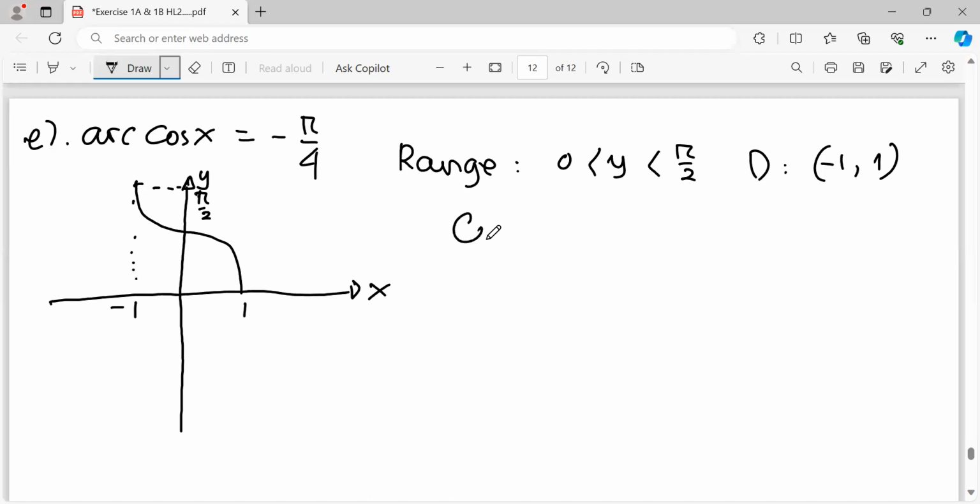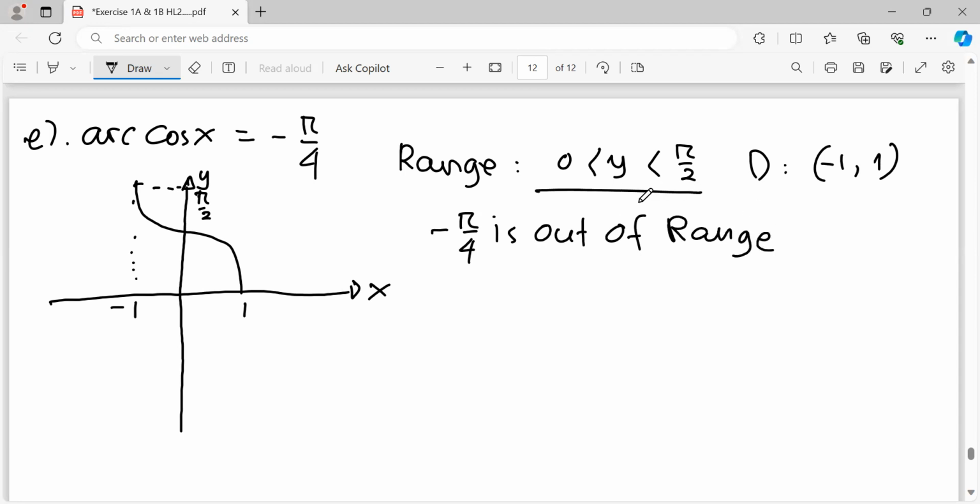Cosine minus pi 4. Oh, yeah, I see. Minus pi 4 is out of range, because the range is 0 to pi half. There is no negative outcome here. So minus pi 4 is out of range.